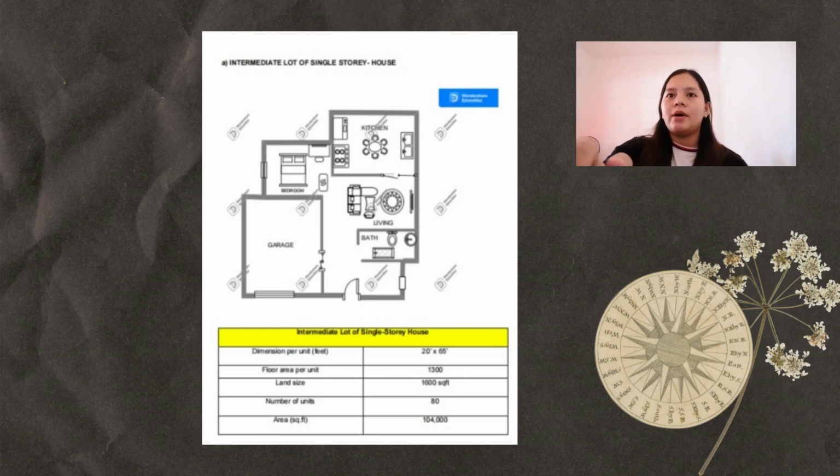Then the number of units is 20 units. And how we get the total area in square feet of this intermediate lot of single story is we multiply 1300 with the total of units. We have 80 units, so we multiply 1300 by 80, and we get a total area of 104,000.